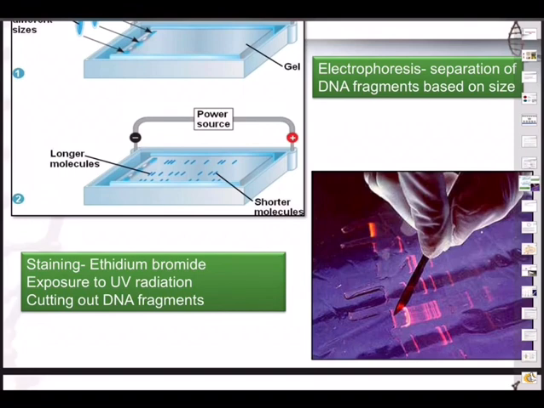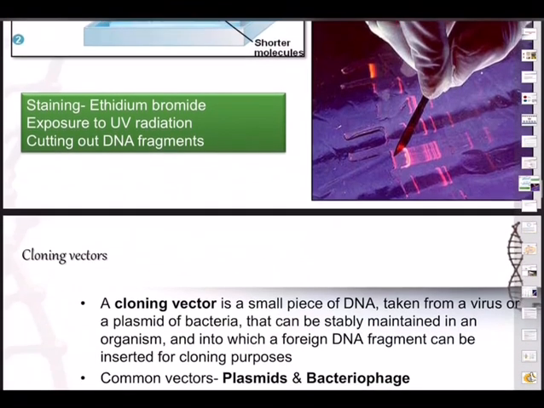You can see anode and cathode, through a medium or matrix called agarose gel. And elution is a step that helps in separating the DNA bands from the agarose gel medium, which are extracted from the gel pieces. This is the importance of gel electrophoresis.